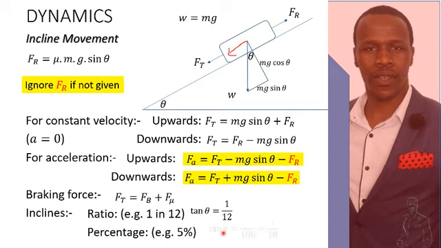And for the percentage, this will be what we'll be focusing on. Obviously, in here we can say this tan theta is the same as sine theta, because if you press your calculator, you'll notice that they are basically the same to the second or even third decimal. So that is why they can be equated just like that.